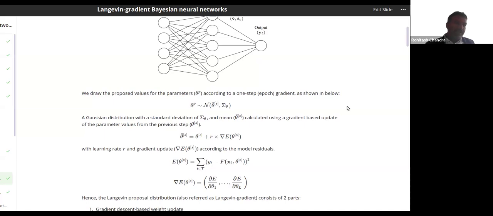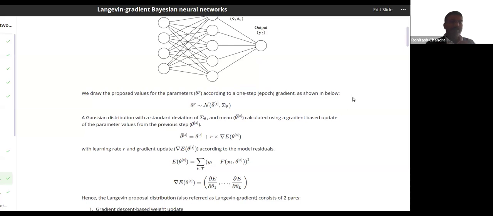A Langevin gradient proposal distribution is just a one-step gradient proposal distribution. One step meaning that, let's say you have 1,000 samples, for each iteration in that chain you do a random walk.